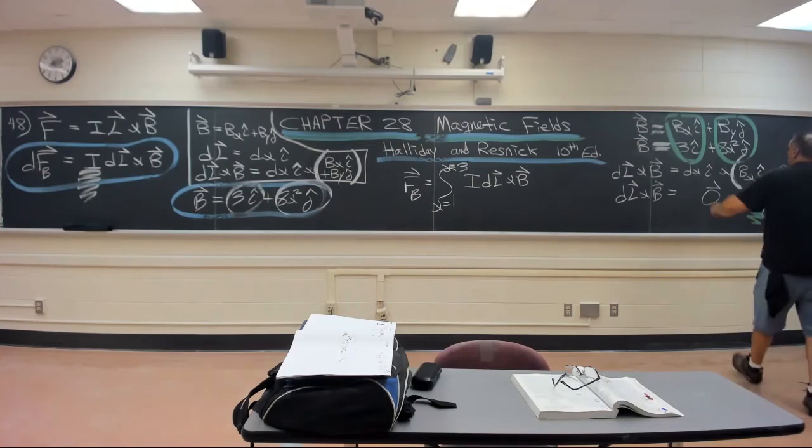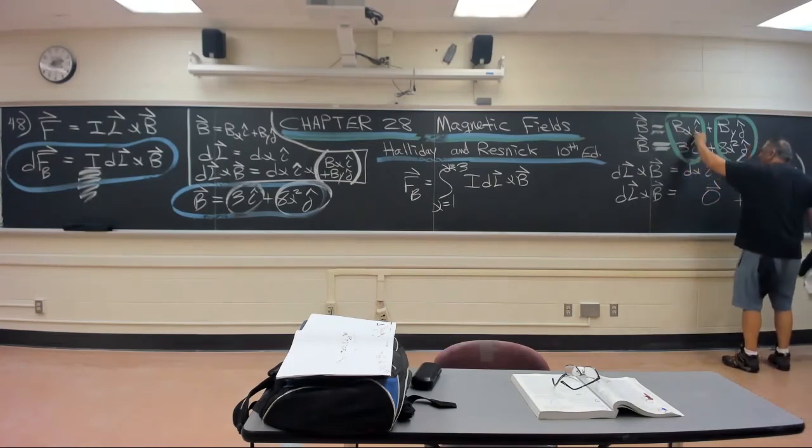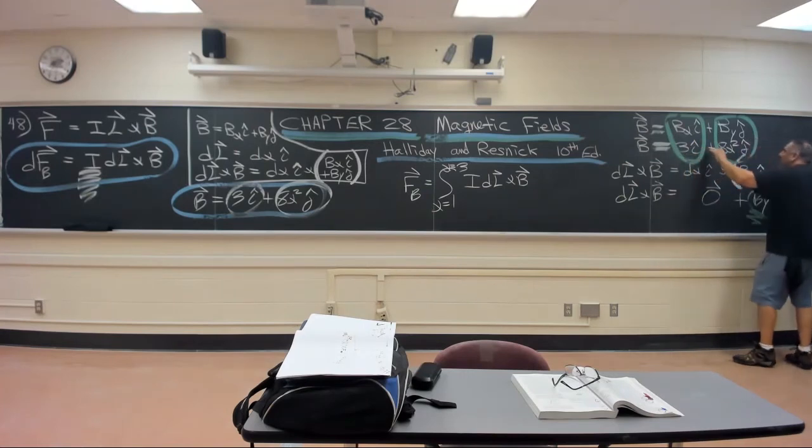So the bx is 3, the i hat is the i hat. bx i hat is 3 i hat. by j hat is 8x squared j hat.